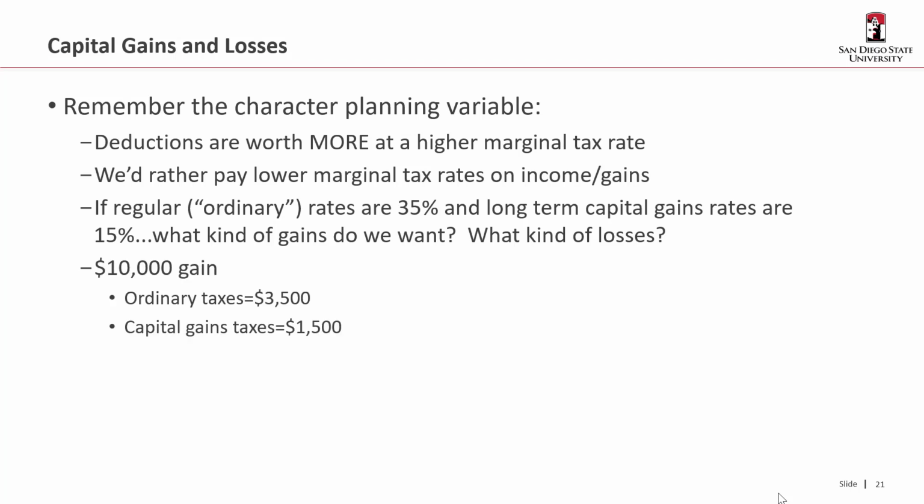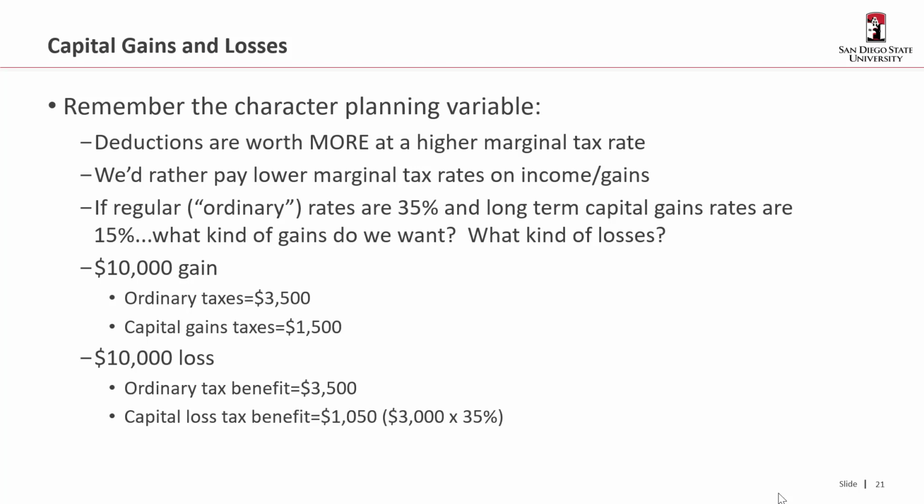Well, if we generate a $10,000 gain, the ordinary taxes at 35% would be $3,500, whereas the capital gains taxes would be a mere $1,500. So with gains, we generally prefer capital gains. With losses, the ordinary tax benefit would be $3,500, whereas the capital loss tax benefit would be at most $3,000 times 35%. That's the maximum net capital loss you can take against your ordinary income, or only $1,050. So generally speaking, we prefer our losses to be ordinary character.